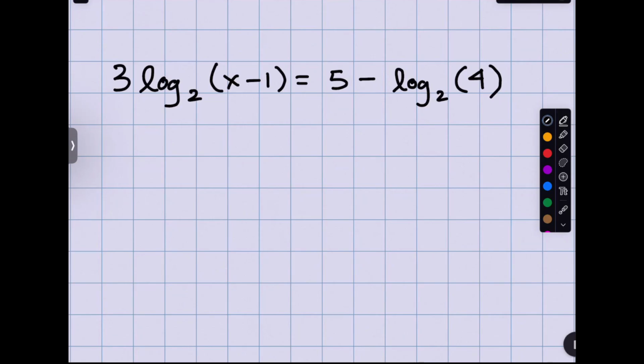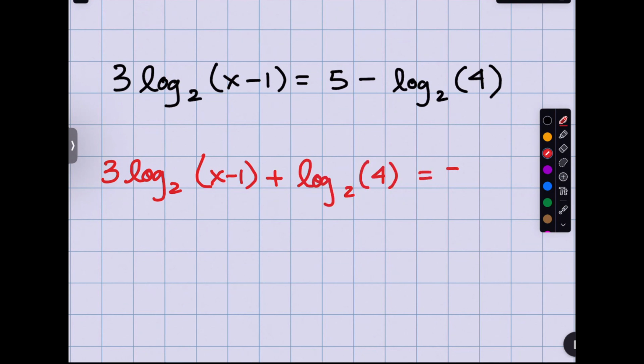Okay, so one of you guys wanted to do this. So here, let me do it this way. So what they decided to do was they saw multiple logs, so they want to move it all to the same side. Great. So we got 3 log base 2 of x minus 1 plus log base 2 of 4 is equal to 5.